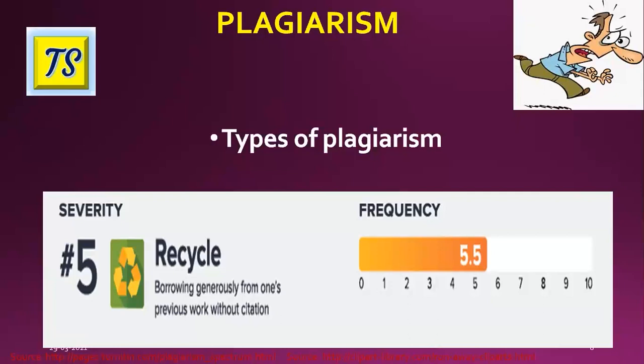But we are not ready to acknowledge others' contribution. This is called a recycle type. You have properly collected everything, but you have provided no acknowledgement. This shows a 5.5 frequency out of 10. That means when researchers submit their research work, the package traces this kind of plagiarism.